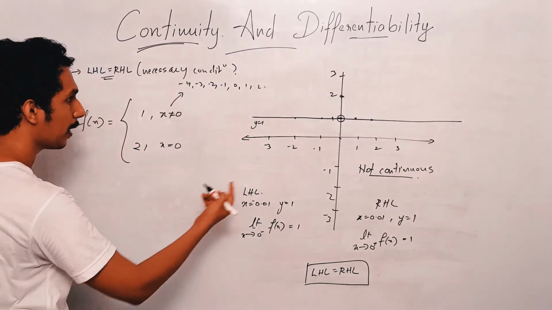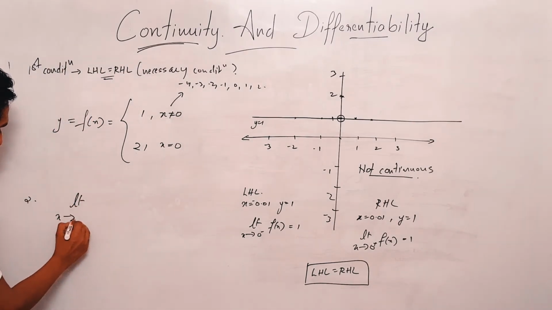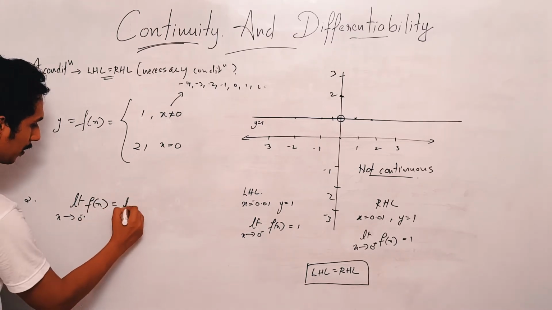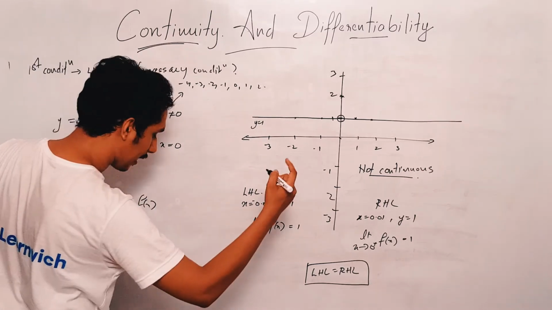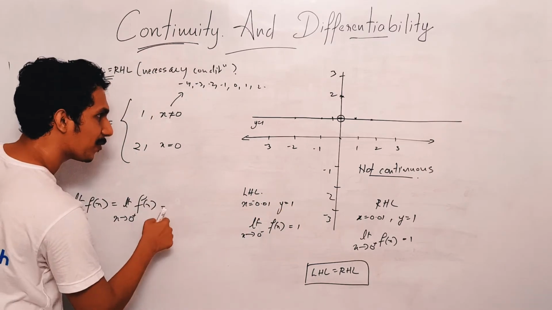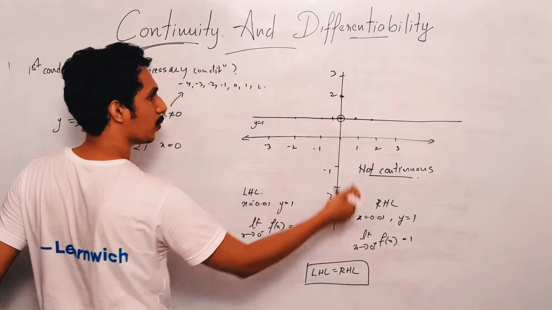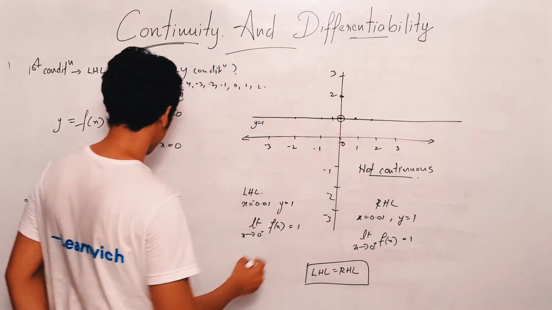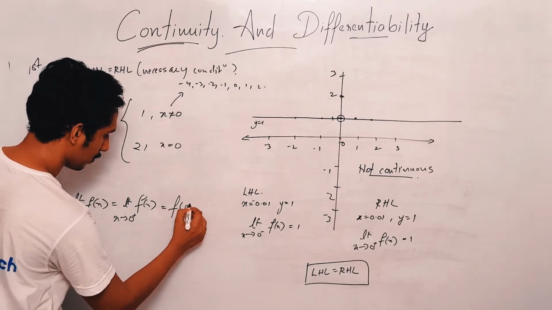So my condition would be limit x tends to 0 minus of f of x, that is the left hand limit, should be equal to limit x tends to 0 plus of f of x, the right hand limit, and it should be equal to the value of the function at x equal to 0. At x equal to 0 also, it should be 1. Equal to f of 0.